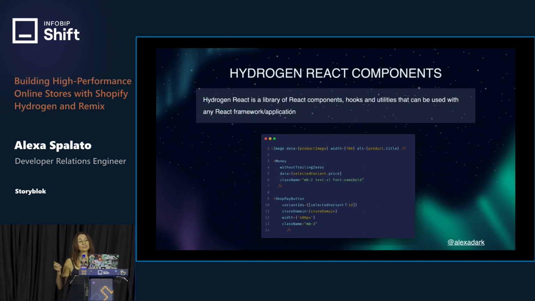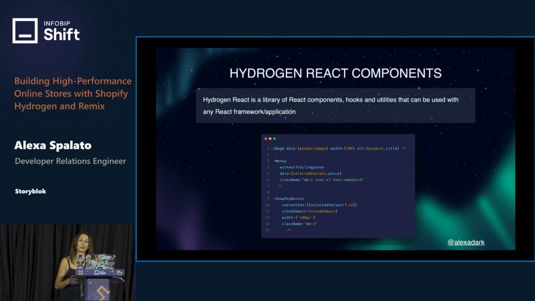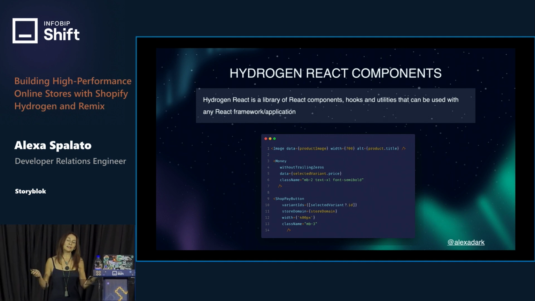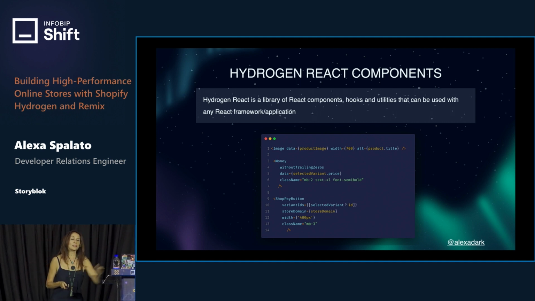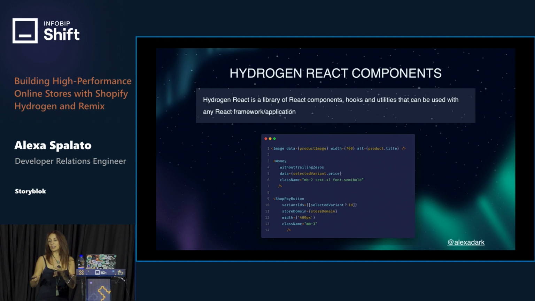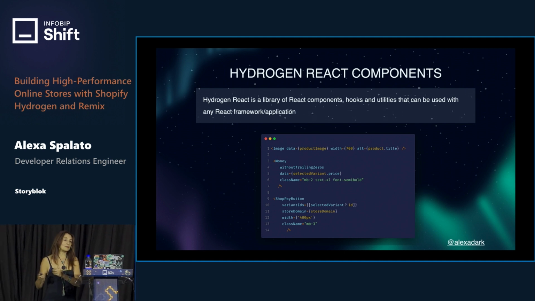And also, Hydrogen provides the Hydrogen React library, which is a library of React components, hooks, and utilities that can be used with any React framework. So for example, if you have a Next website and you want to use Hydrogen with it, you can use these components. For example, we have the Image component to get the image from Shopify, the Money component to display the price along with the currency very easily.